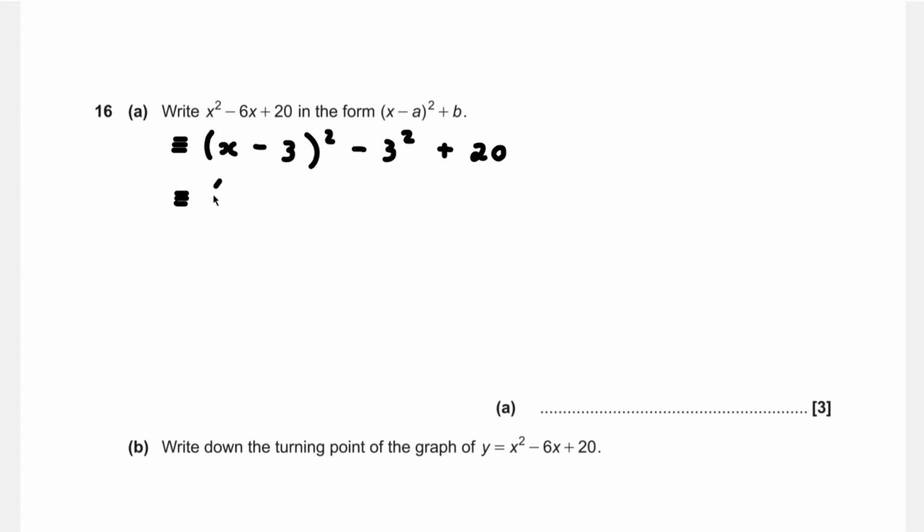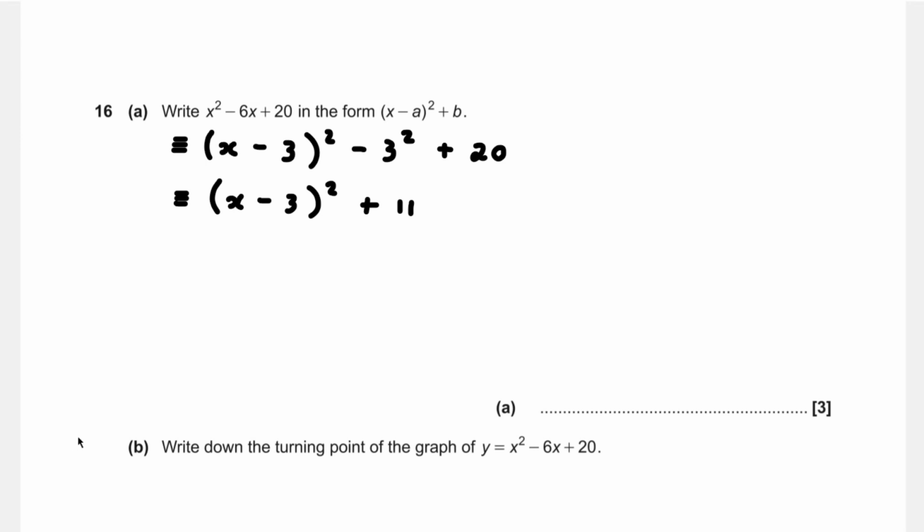So let's simplify. I've got x subtract 3 squared, and then I've got minus 9 plus 20, which is 11. So I've got x minus 3 all squared plus 11.